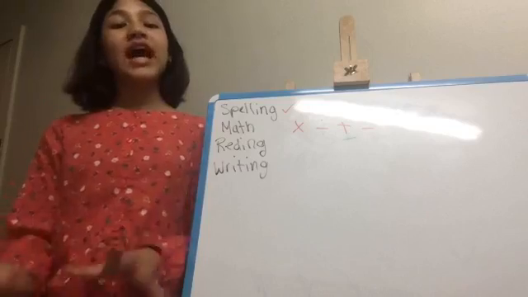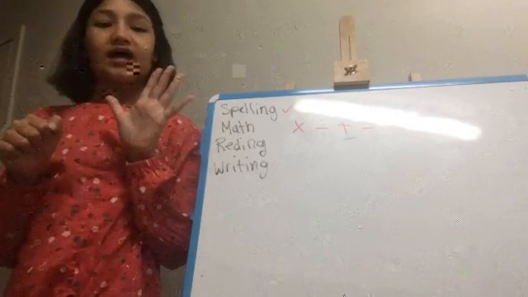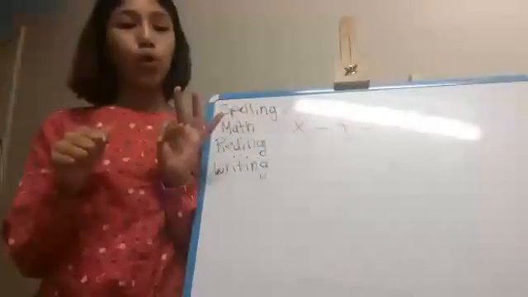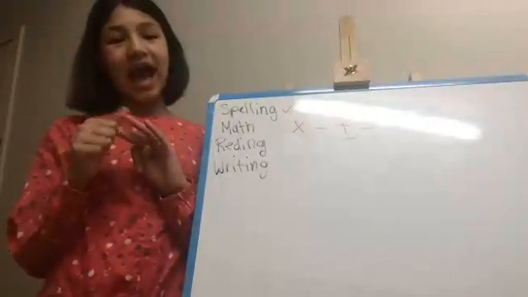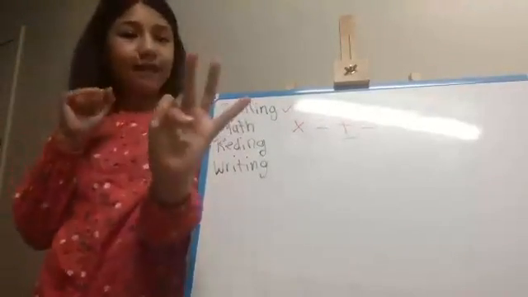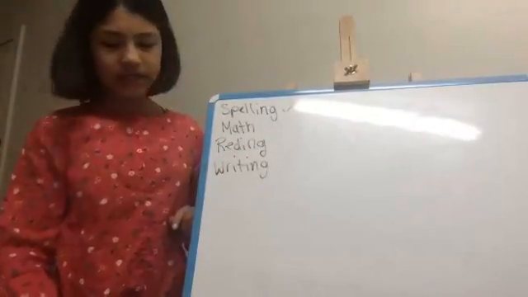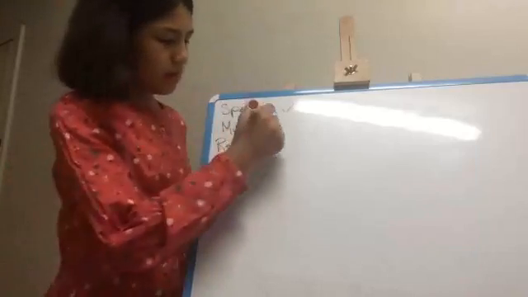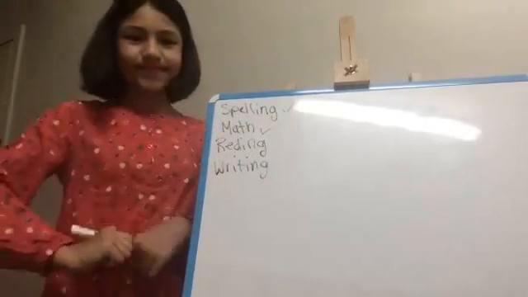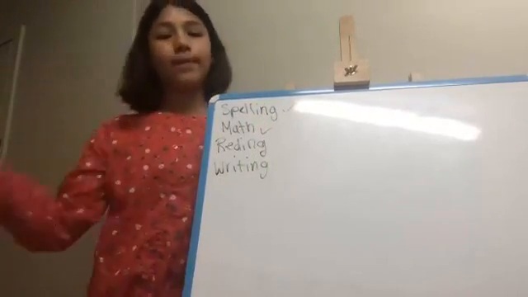If Emily has 6 cookies and Anna wants 3, how many would Emily have left? Yes, she would have 3. Correct. Now we are done with maths. I'll be right back.